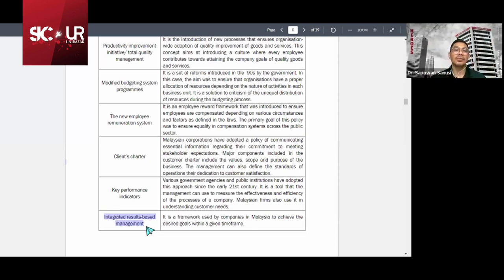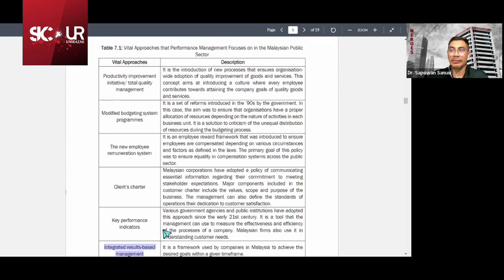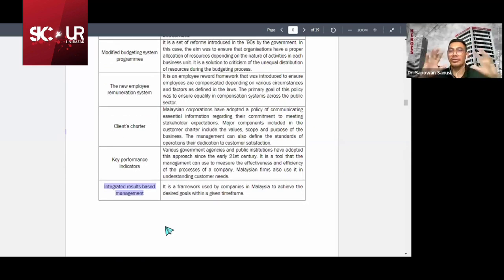Boleh? So, before this, tak ada integrated result based management. Sekarang dah ada. So, I hope you, the managers, should have your company performance indicators, which we will try to look all over the what we call business unit. Yeah, I think you boleh faham.